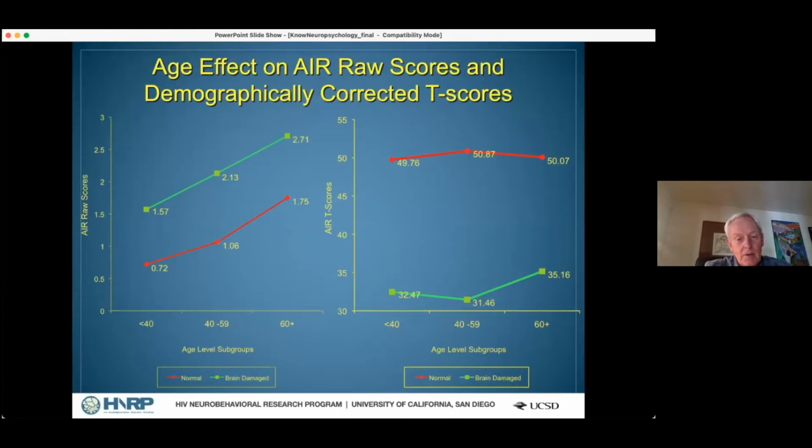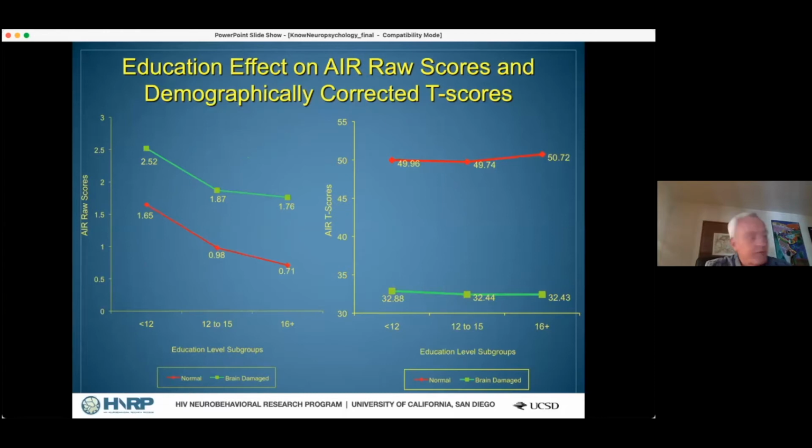Next. And this shows the same thing for education levels. So the higher the education, the lower the raw average impairment rating, but for the T-scores, they're flat. Next.